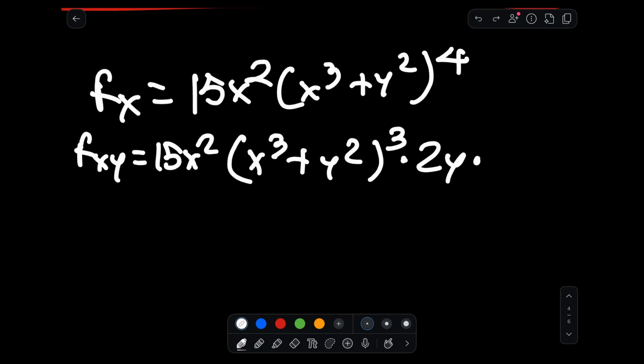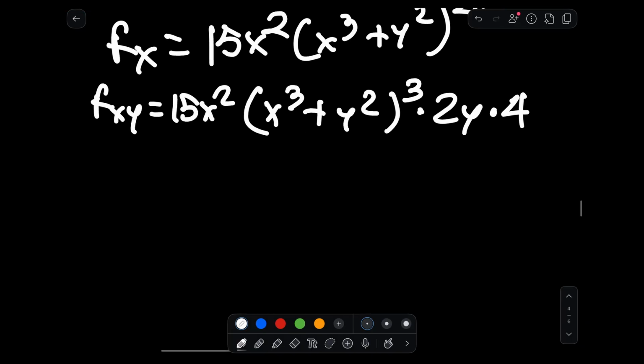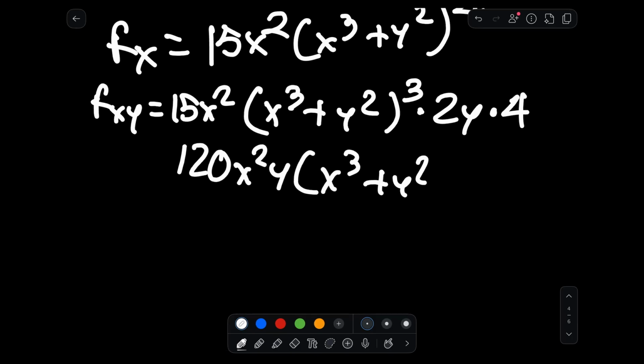Oh, no, this should be 4. Yeah, that should be 4. So then we're going to get 120x squared y times this entire quantity.